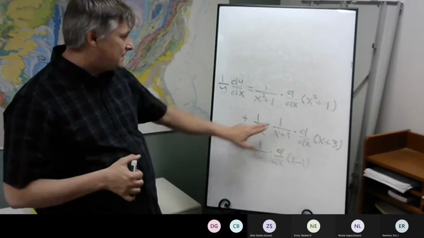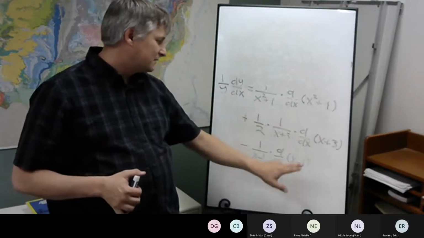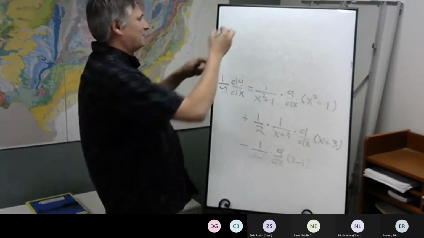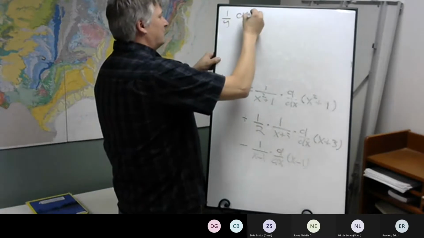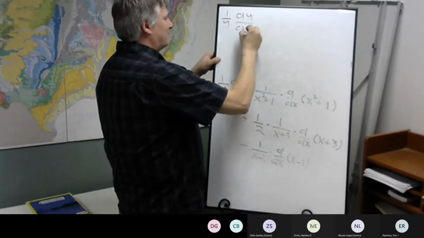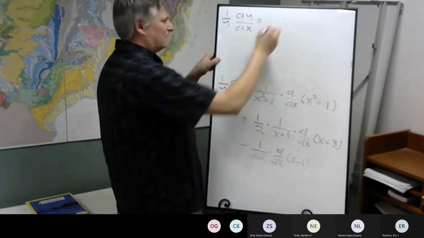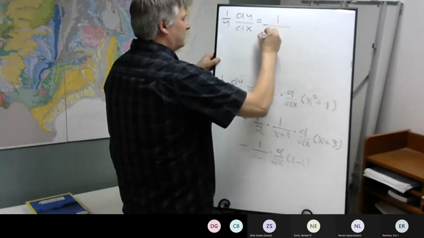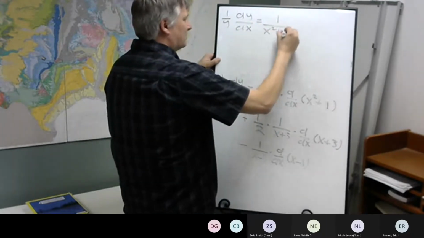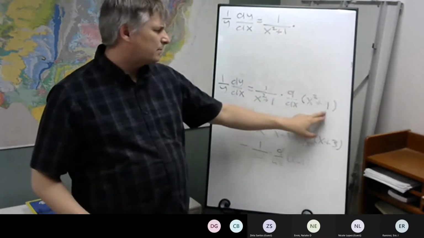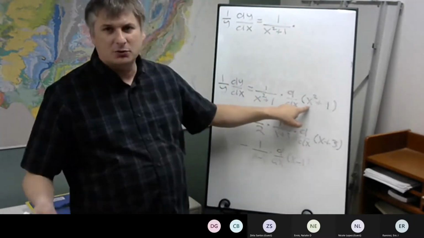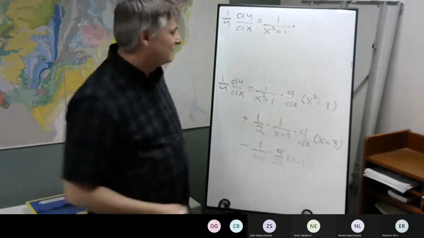So this is what we've got. We need to take the derivatives of this, this, and this. So you have 1 over y dy dx. Then 1 over x squared plus 1 times the derivative of x squared plus 1, derivative of x squared, 2x.